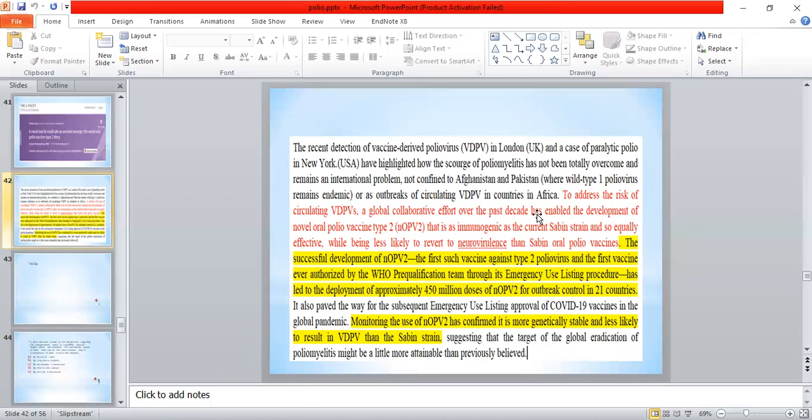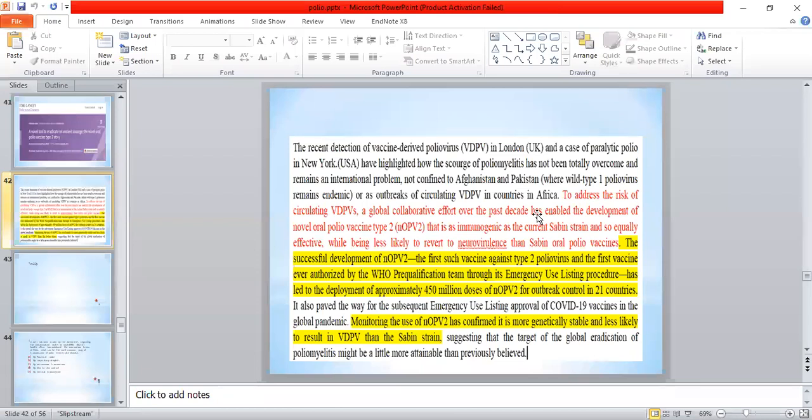The successful development of novel OPV2, the first such vaccine against type 2 poliovirus and the first vaccine ever authorized by the WHO prequalification team through its emergency use listing procedure, has led to the supply of approximately 450 million doses of novel OPV2 for outbreak control in 21 countries.